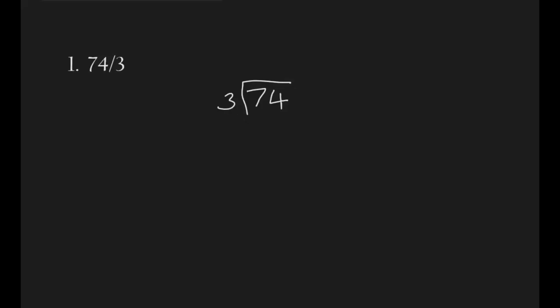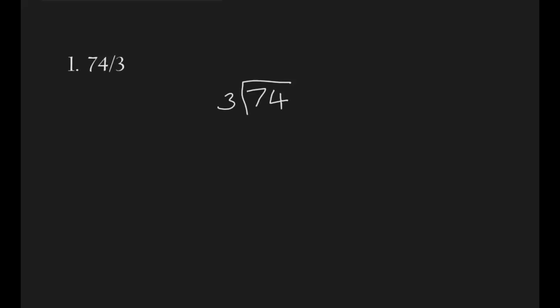So now think about it like this. 7. Now what is the closest number to 7 that is a multiple of 3? Well, 3 times 2 is 6.